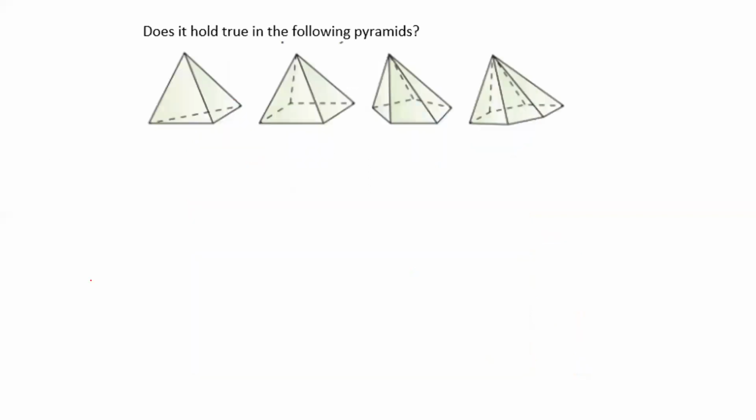Okay, let's just go on to the slide. So we have number of faces is 4. Number of vertices. How many vertices do we have? We have 4. Number of edges.